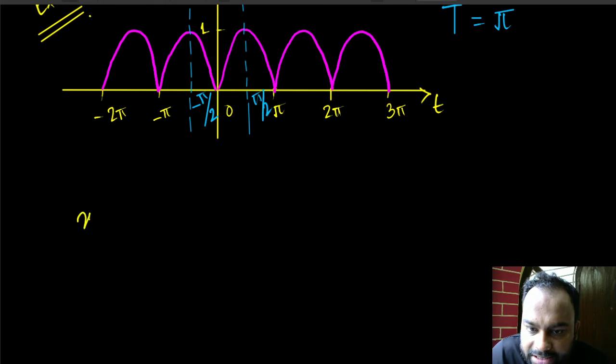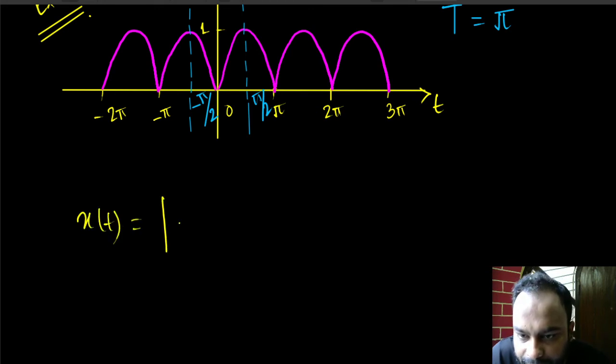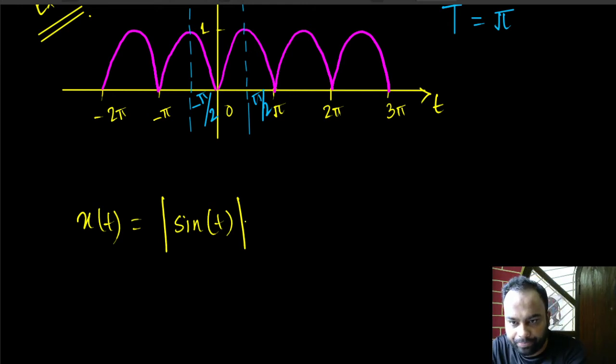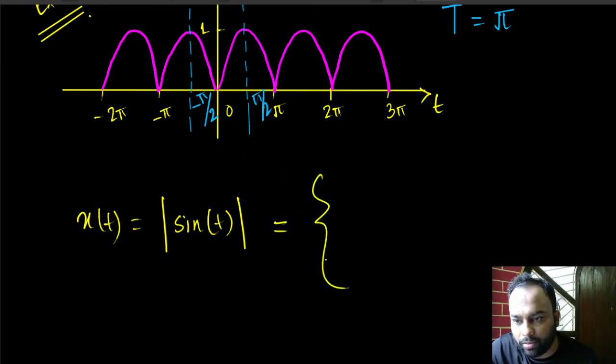So x(t) is something like this. Mathematically expressing this signal would require two portions.